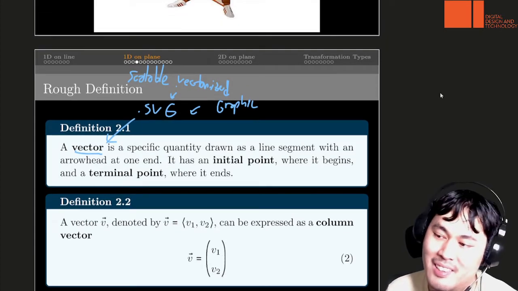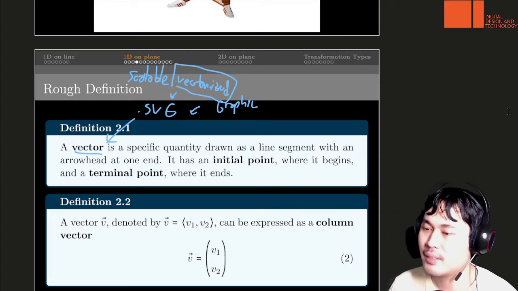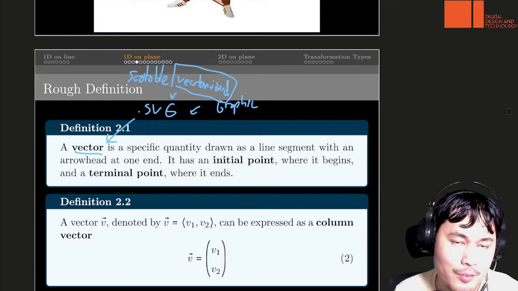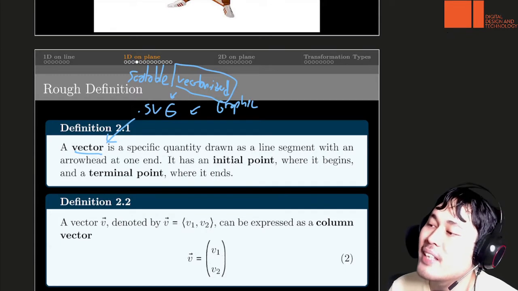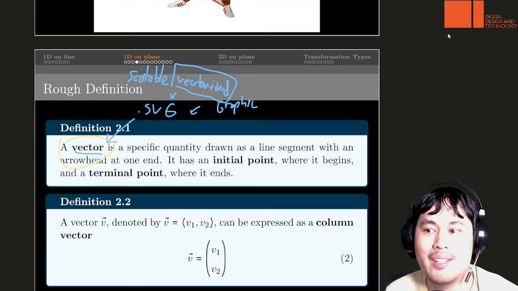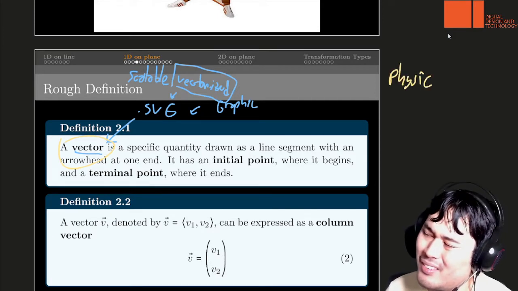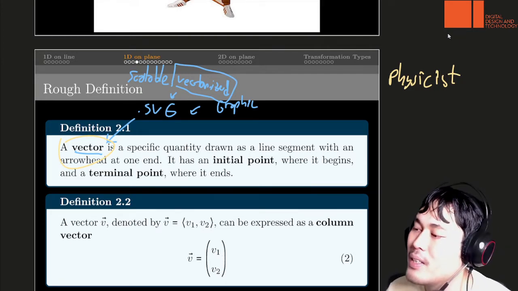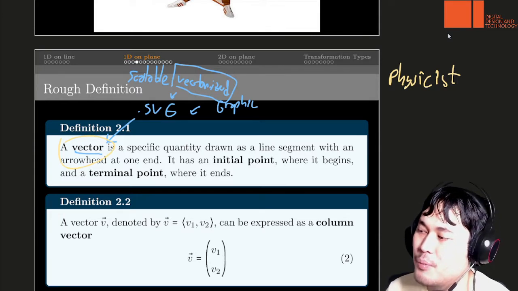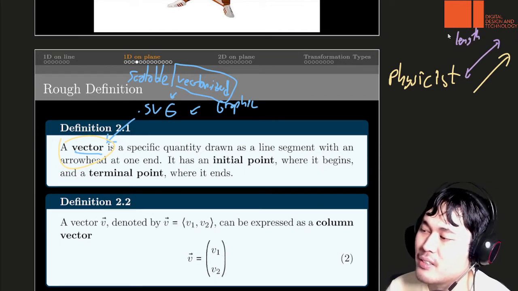That vector, the V, is actually the same definition as the vector that we are going to study. Also, there was a clip of Grant Sanderson, a famous YouTuber in the math area, saying that this vector has 3 different meanings depending on who you are. If you are a physicist, and this is probably what you first heard about vectors, in physics they think about a vector as whatever has 2 properties: it has length and it has direction.